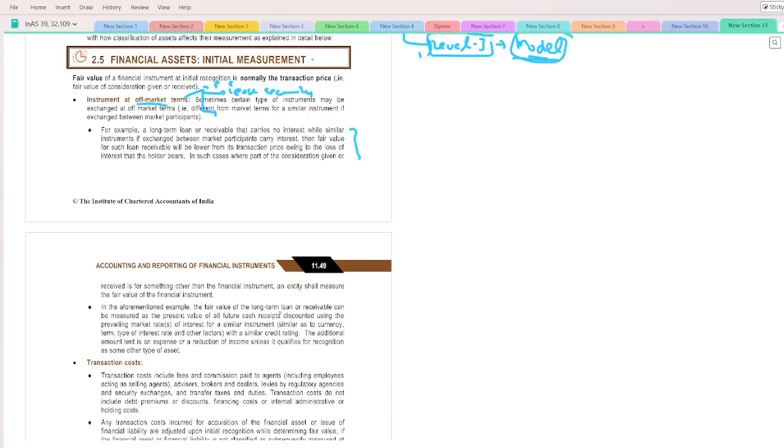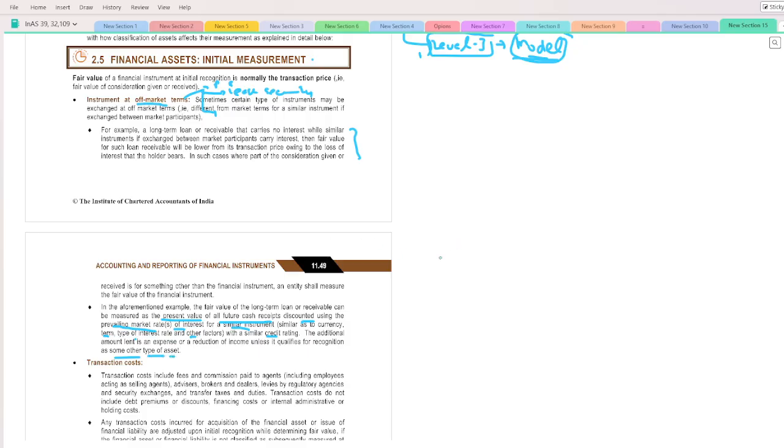So the fair value can be measured as the present value of all the future receipts discounted using the prevailing market interest rates for a similar instrument, similar in currency. So the currency should be the same, the type of interest and the term should be the same, and the other factors should be the same, with a similar credit rating. The additional amount lent is an expense or a reduction of income unless it qualifies for recognition as some other type of asset.